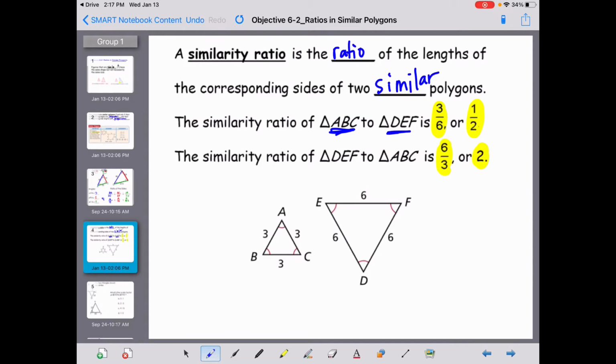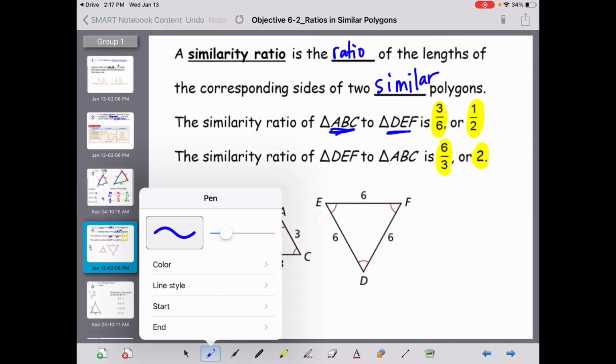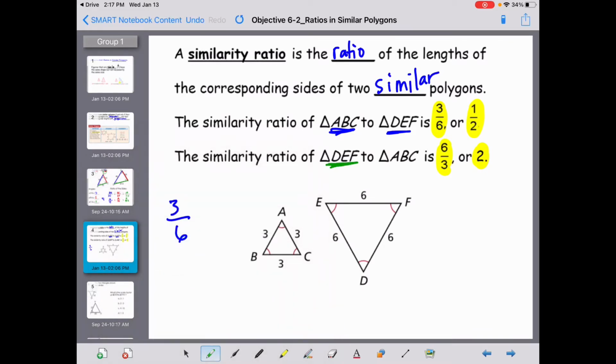So you start with the 3 on top and the 6 on the bottom. For the second one, I started with DEF, which is here, and it has the number 6, and that's why the 6 is on top. And when you're going to ABC, the 3 is on the bottom.